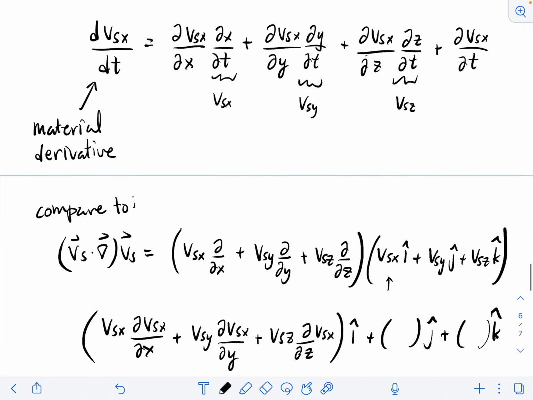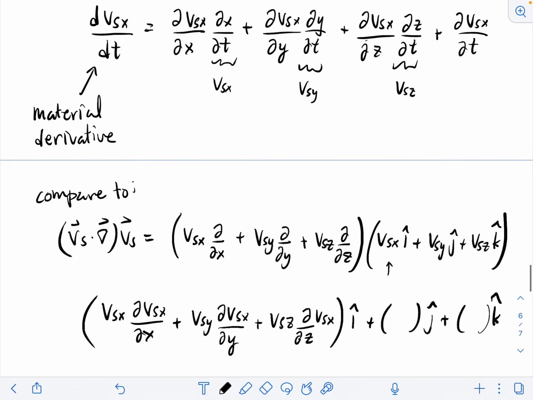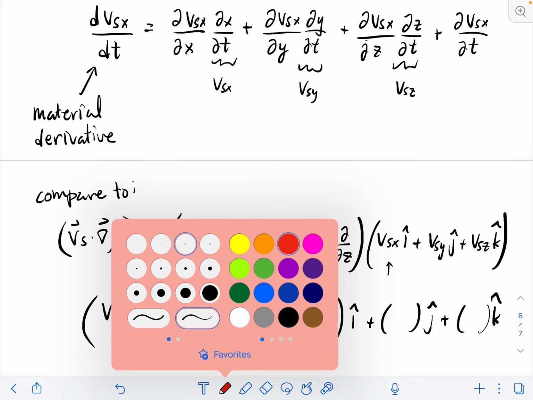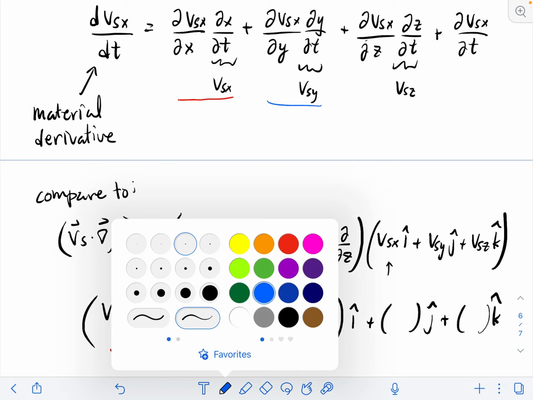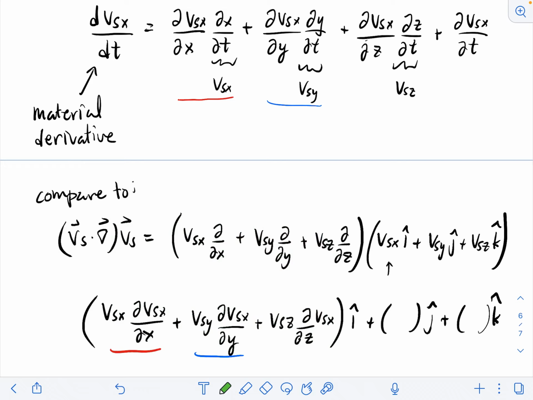Okay, so this is Vsx dVsx dx. And so those are exactly the same. And then this is Vsy dVsx dy. And so that's exactly the same as this. And then finally we have Vsz dVsx dz.